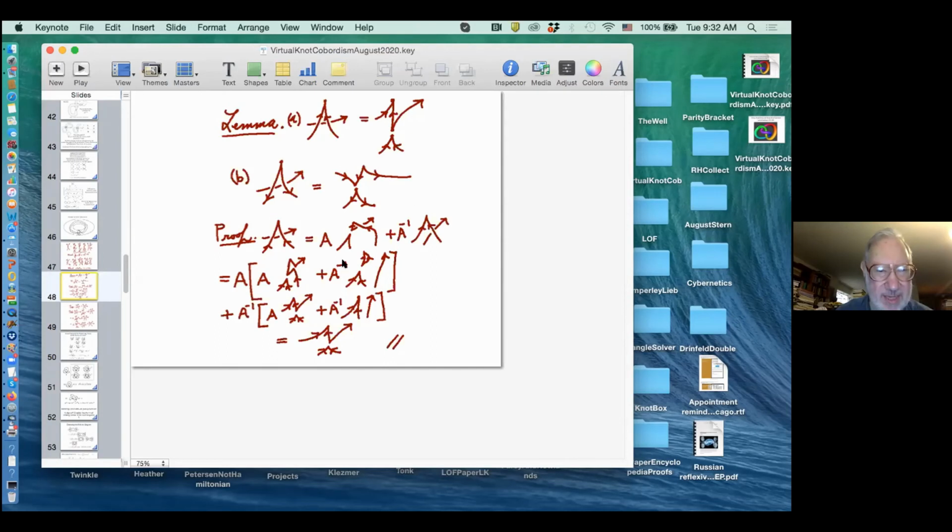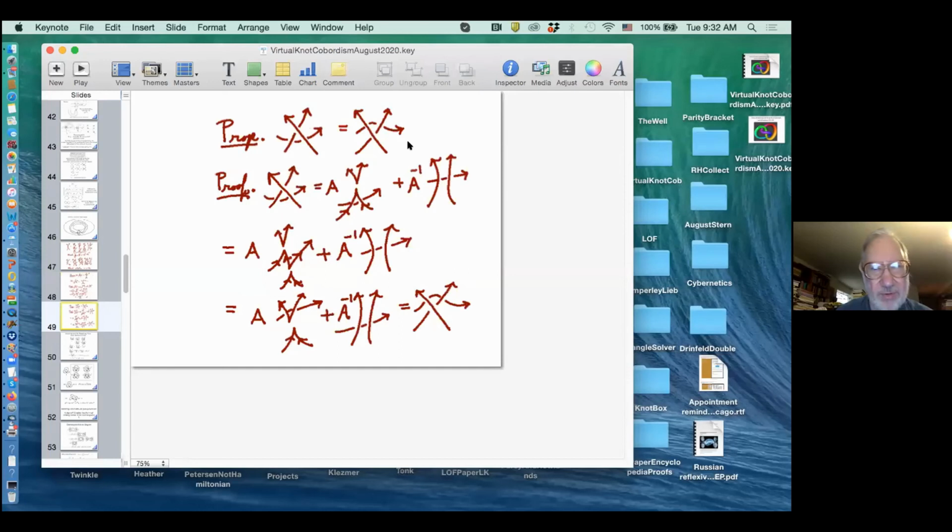The proof is easy. Here you expand it, and you expand it again, and you look at the expansion, and you see that you get some zigzags in the expansion, and other things that cancel out. So it's a little calculation, and you get this lemma of the production of zigzags by doing Reidemeister 2 moves on cusps.